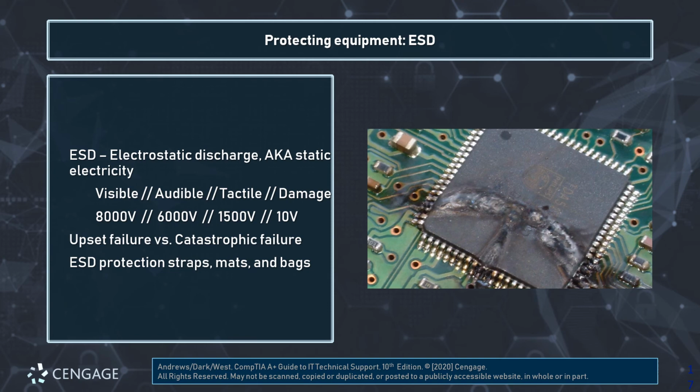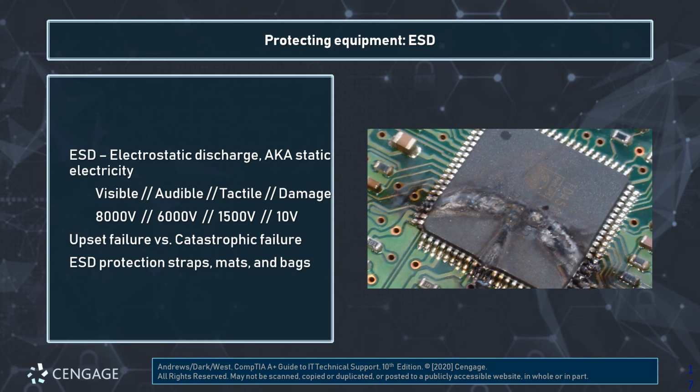I've included the basic thresholds, the average levels at which different types of damage occur. Visible discharge of static electricity, where you actually see the spark, occurs at around 8,000 volts, or 8 kilovolts. Audible discharge, where you hear the pop, is about 6,000 volts, 6 kilovolts.